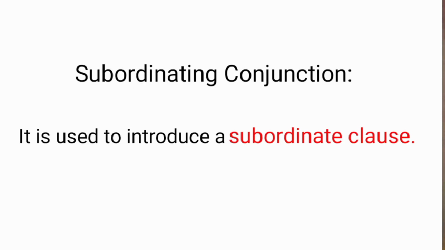Now, the last one that I will talk about, I told you we have three types of conjunction, and the last one is the subordinating conjunction. Now, this is a little complex, because this conjunction is used with another part of speech. We use it sometimes in adverbs, and we also use it to introduce a subordinating clause. That is, apart from the main clause, we can have the subordinating clause.